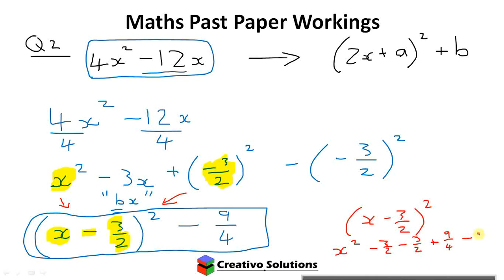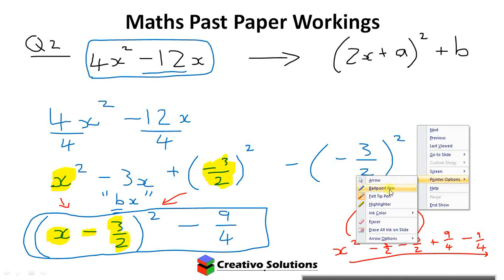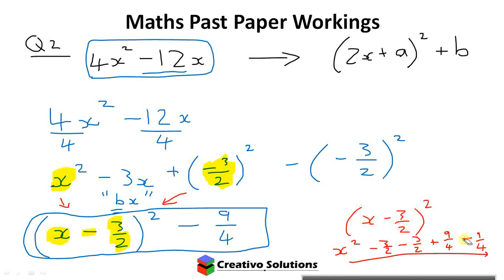And then you'd have the minus 9/4 on the side. Okay, so this is what you've got here if you had to expand this out. Do you agree?